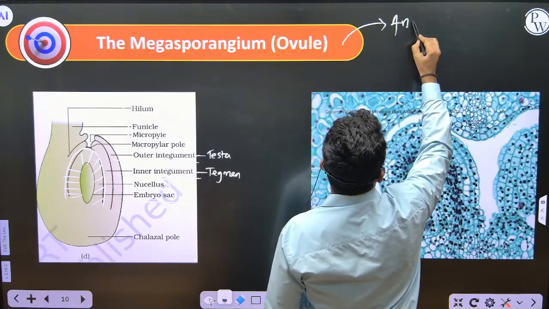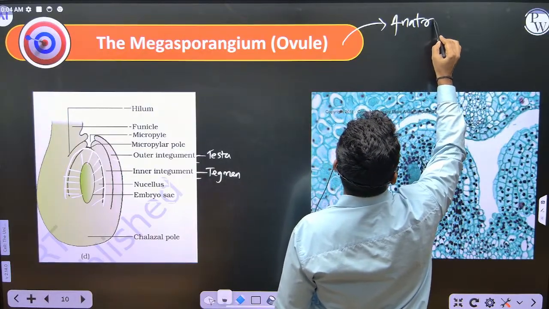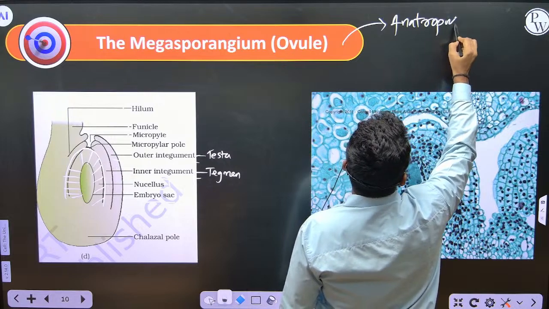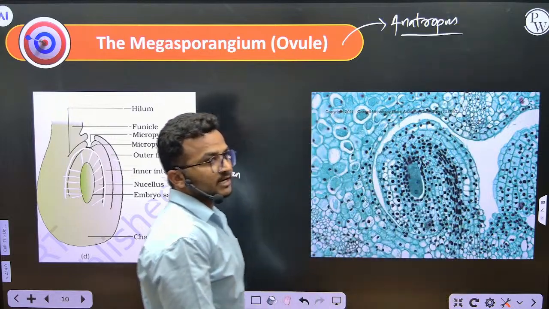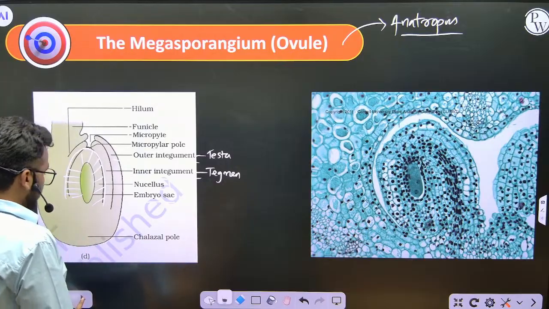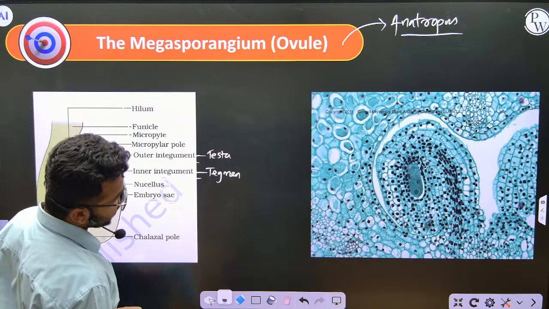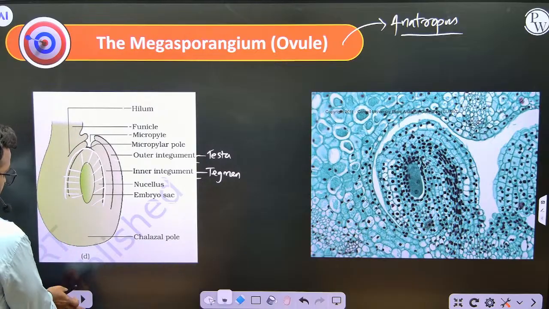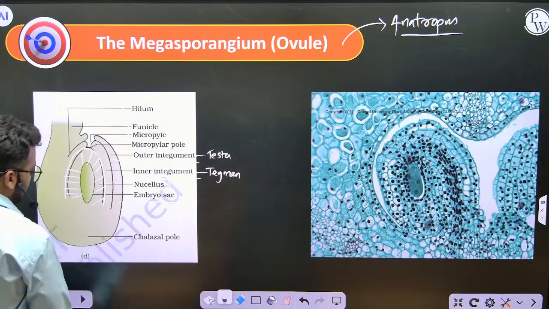This type of ovule we call an anatropous ovule, as I said in the last session, where I also explained why. There are many types. If you didn't attend the last session, you can watch it at 2x speed.